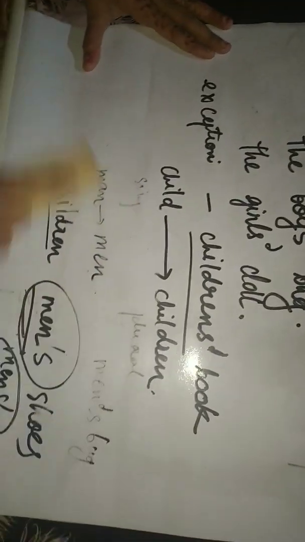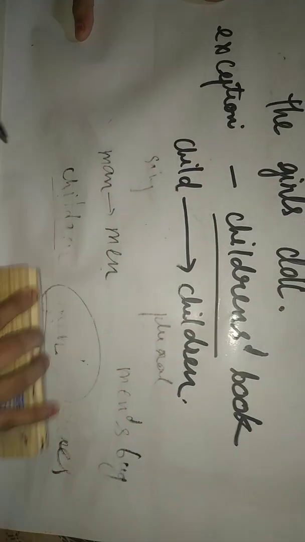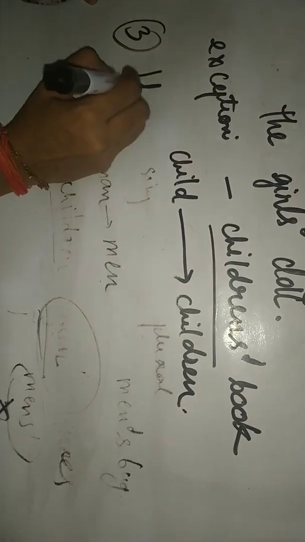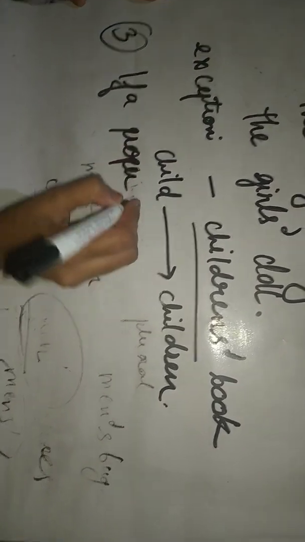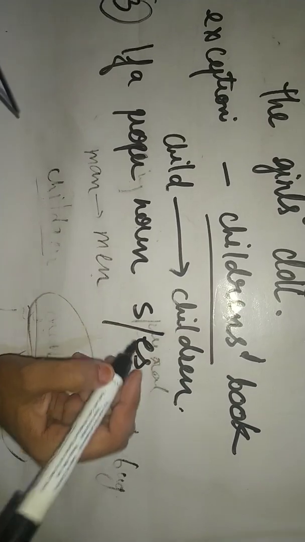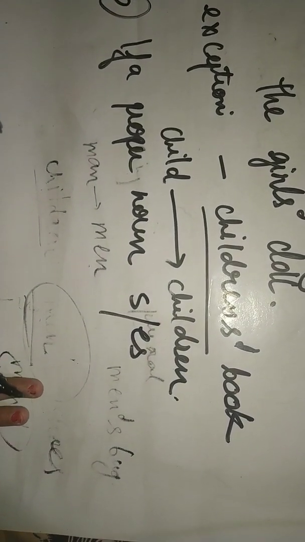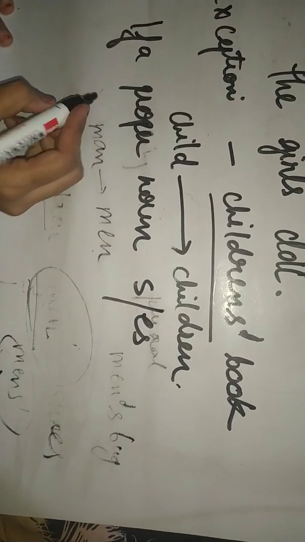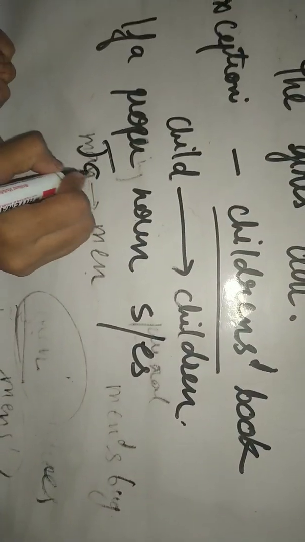The third rule says if a proper noun ends with s or es, then we add an apostrophe then s. Clear? For example, the proper noun James.